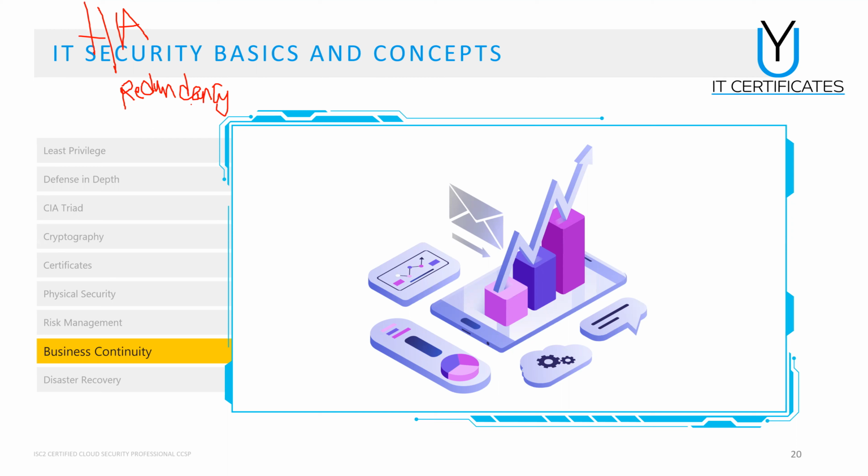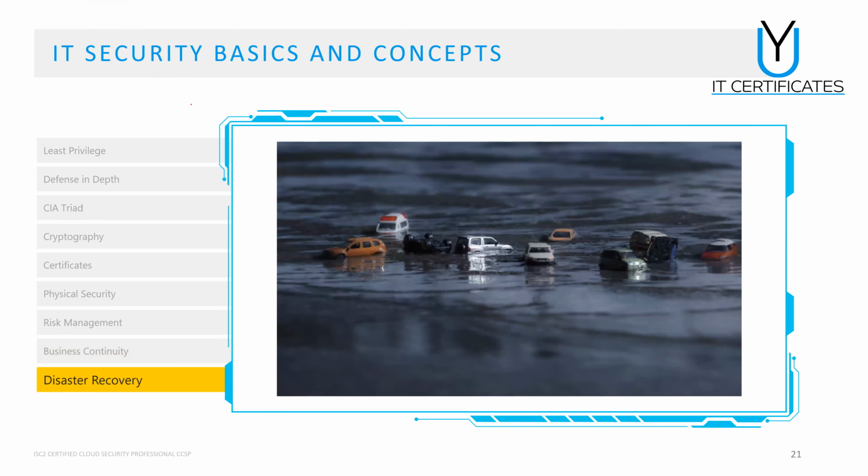And finally, we have the concept of disaster recovery. Disaster recovery's main concern is during disasters. You have a disaster, it may be flooding, it may be a volcano, it may be an earthquake, whatever. And now the data center is down totally because there may be a problem with the data center facilities or the building or whatever.